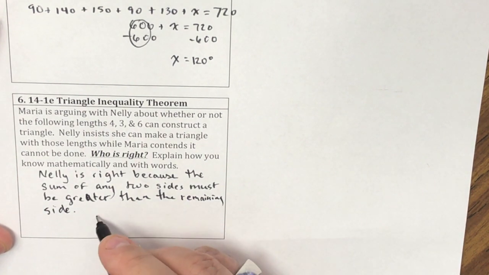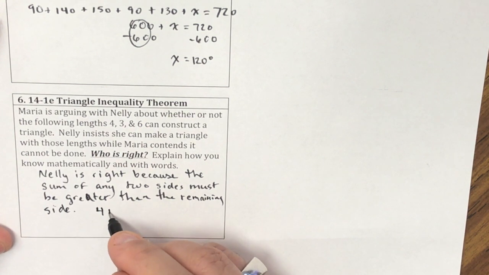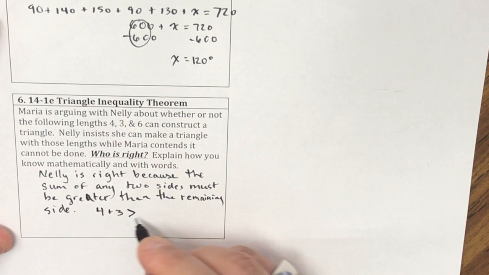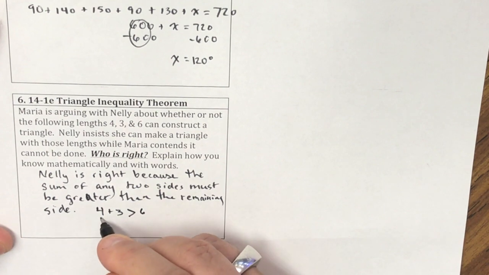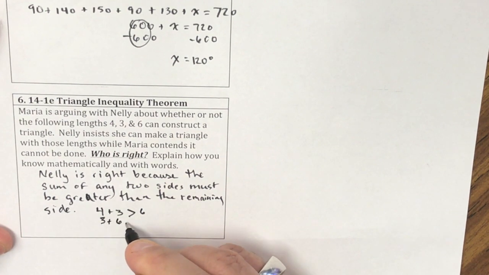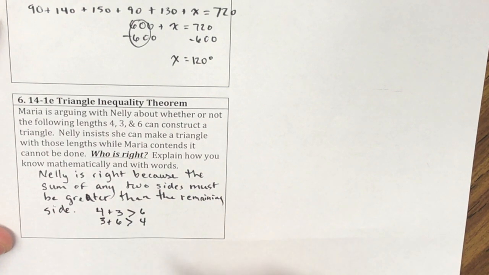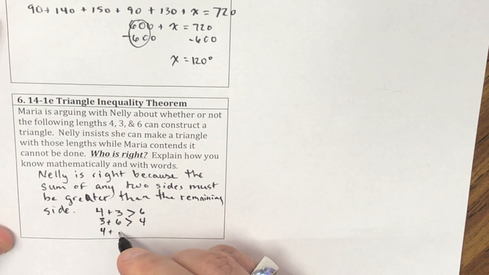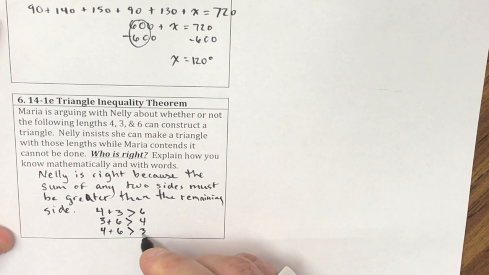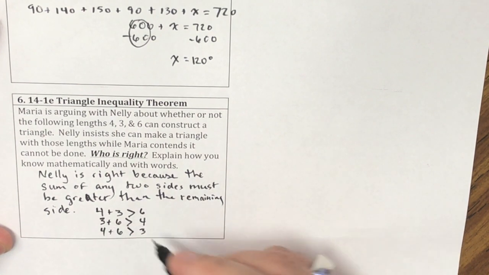Mathematically speaking, 4 plus 3 is greater than 6. 3 plus 6 is greater than 4. And 4 plus 6 is greater than 3. Because these are all greater, the theorem's proven correct.